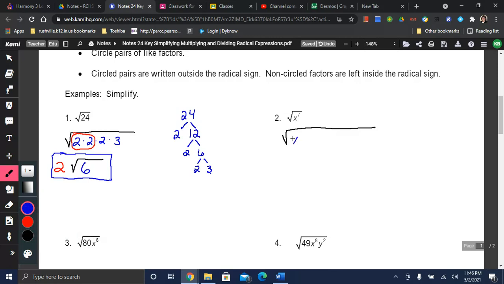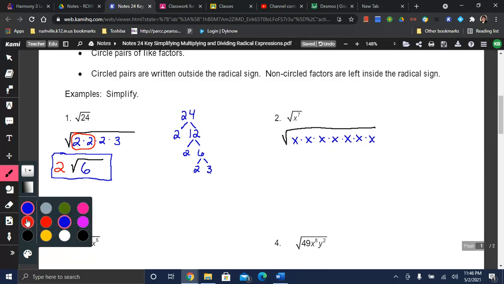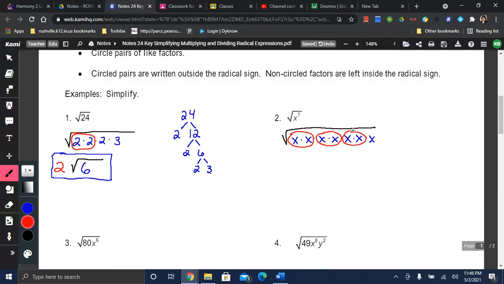So that means that we have x times itself 7 times. And then we're going to see how many pairs. So we have a pair of x's, we have another pair of x's, and we have another pair of x's.